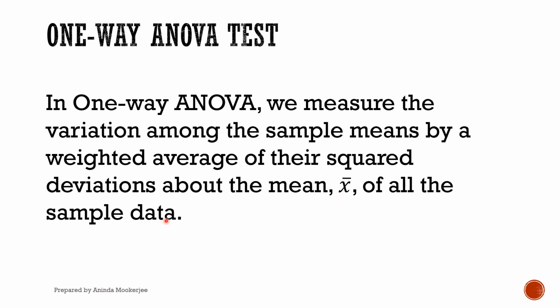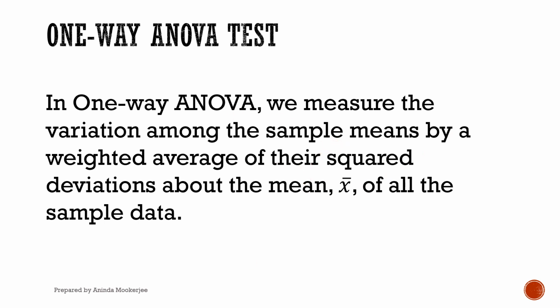Now I understand this is a mouthful and you may not have really understood what they are talking about here, but we will go through examples and I will refer back to this slide and this definition when we work through an example. But let's do a preliminary breakdown of what they are trying to say here.